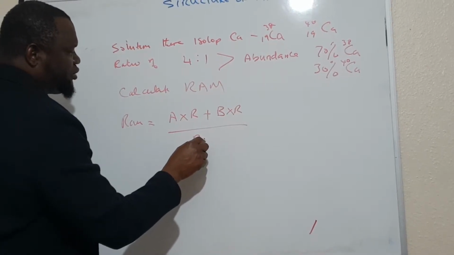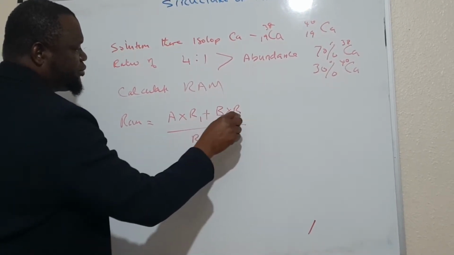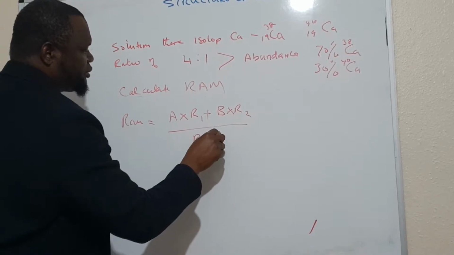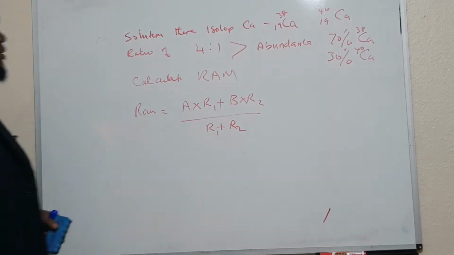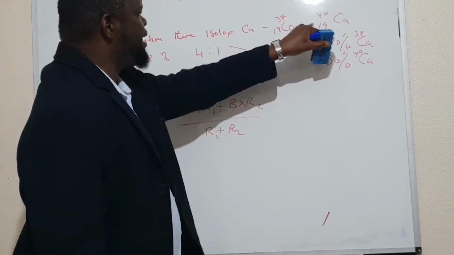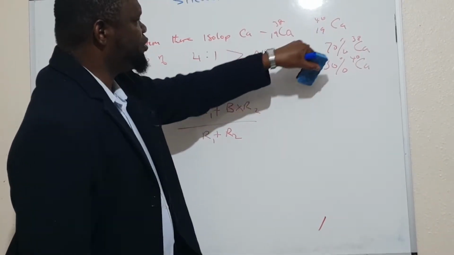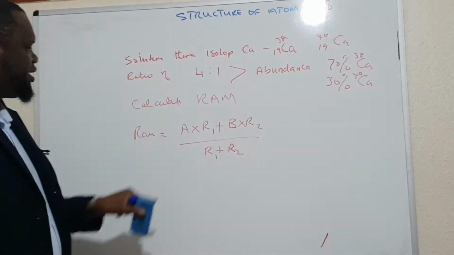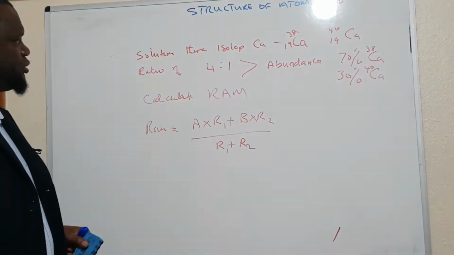It's the same: you just multiply each one by its ratio and find the average when you add the two.